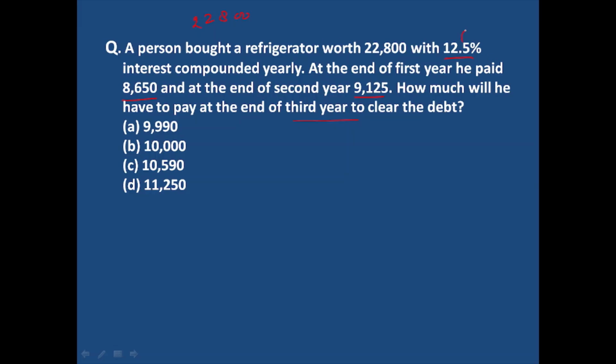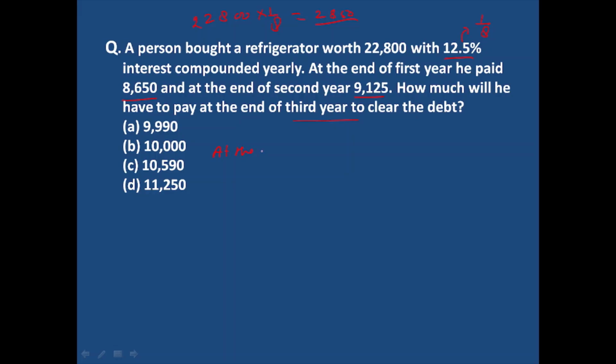If you convert this 12.5% into a fraction, you will get 1 upon 8. So the rate will be 1 upon 8. So what will be the value? 8 twos are 16, so you will get 2,850 rupees.